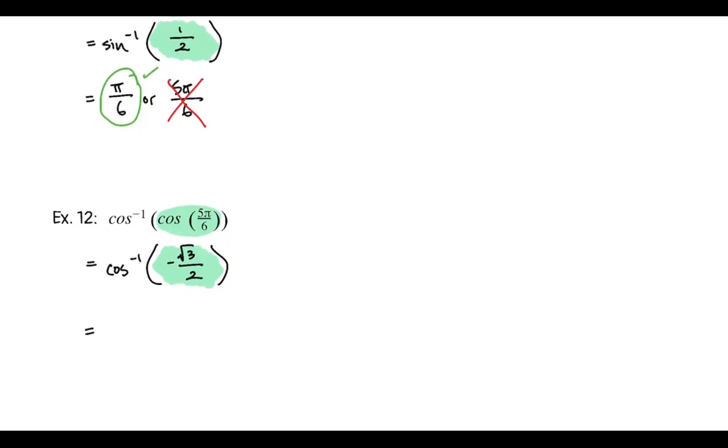Yes. All right. 5 pi over 6 or 7 pi over 6. Which one is our answer? Like, which one is in the range? Great. 5 pi over 6 is in the range. However, 7 pi over 6 is too big to be in the range. All right.